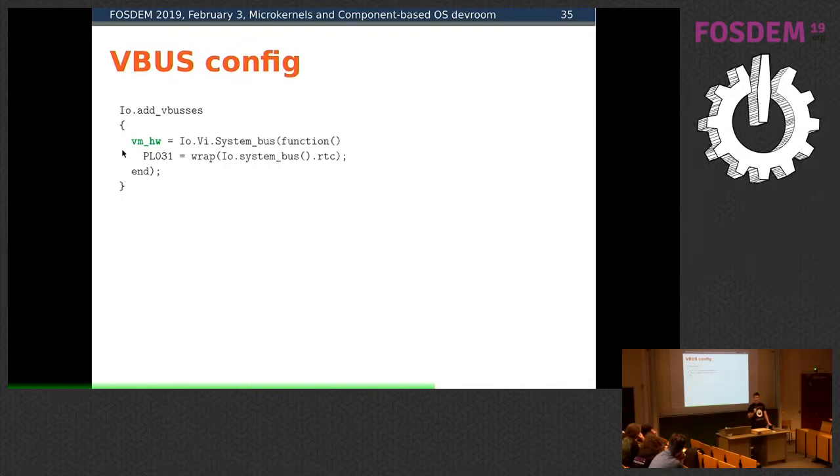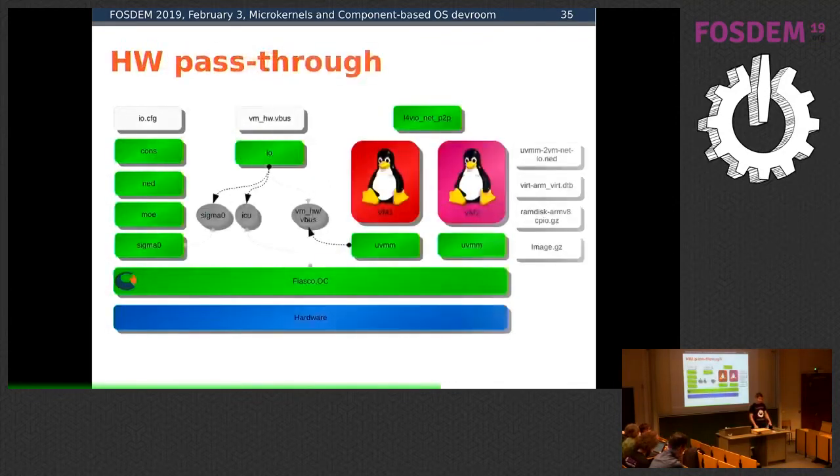Note the correspondence with the name that we used in that Lua table to configure this virtual bus. And we'll basically assign the hardware device to it. And there will be some other devices on this virtual bus, such as a virtual interrupt control unit that the client will be able to enumerate and start handling.